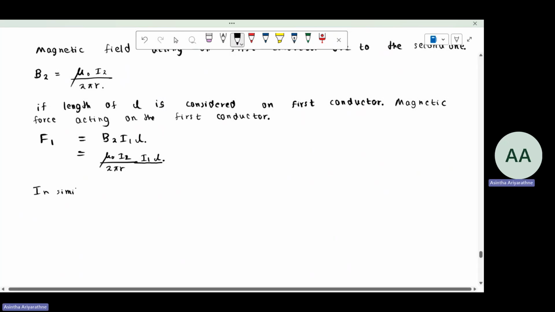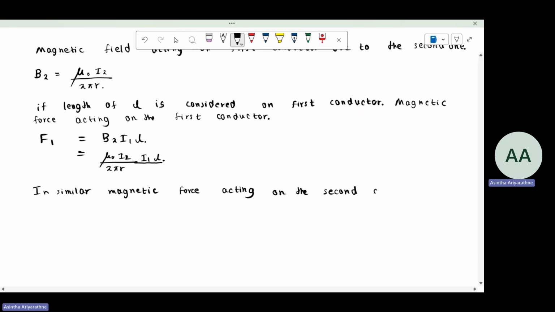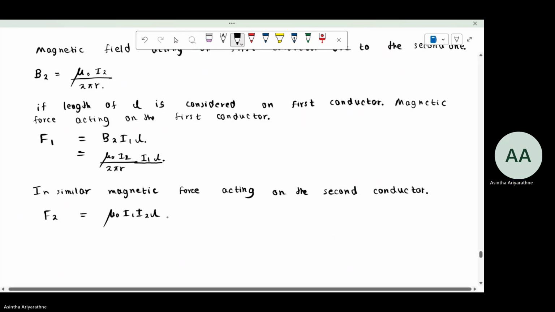F2 is the same, mu naught I1 I2 L over 2 pi R.